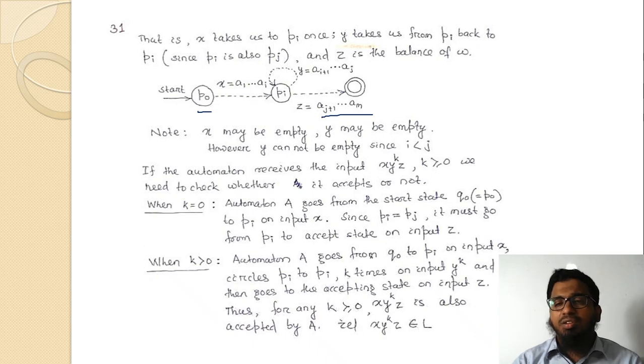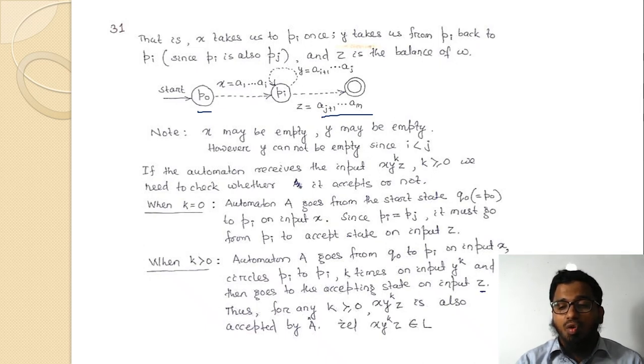These are some rules; when we see an example, you can easily identify them. When k is greater than 0, automaton A goes from q0 to pi on input x, then loops pi to pi k times on input y to the power of k, and then goes to the accepting state on input z.